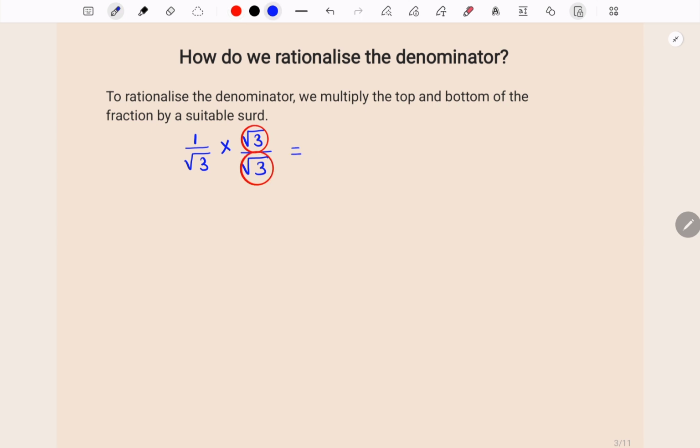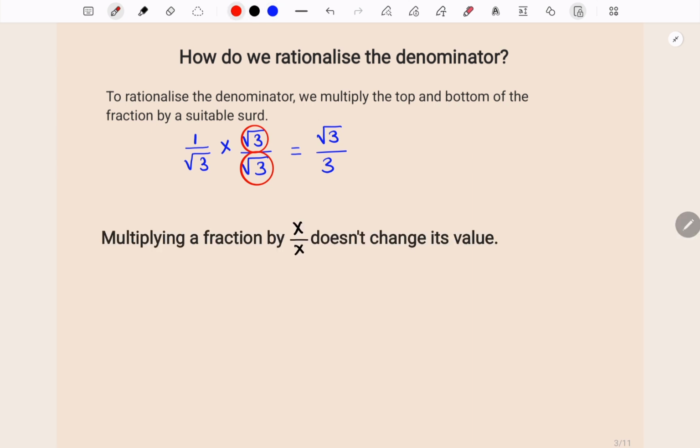So 1 multiplied by root 3 is root 3, over root 3 times root 3 is actually 3. So now we have a fraction with a rational denominator. So this is the process of rationalizing the denominator of any fraction.